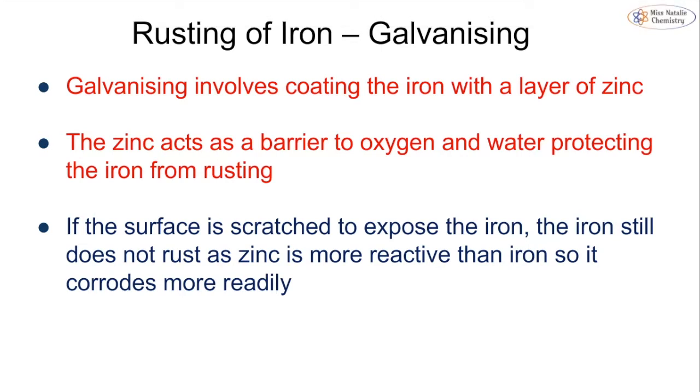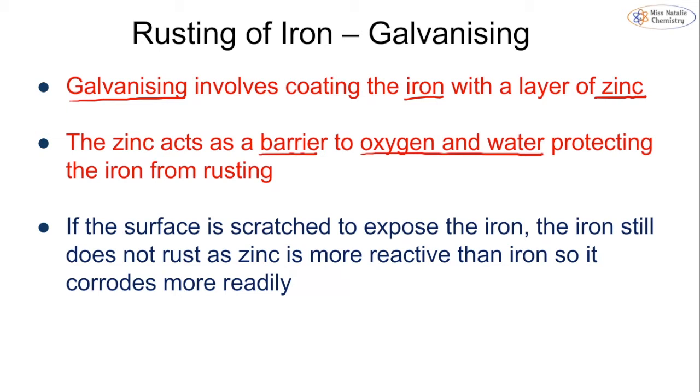Now, galvanizing involves coating the iron with a layer of zinc. Okay, zinc is higher than iron on the reactivity series, and what the zinc does is it again acts as a slight barrier to the oxygen and the water, and it protects it from rusting.